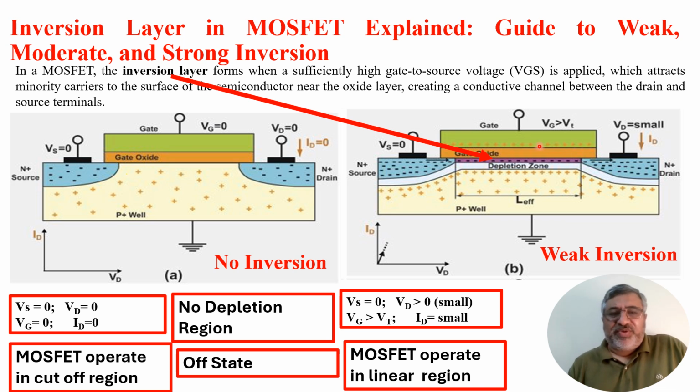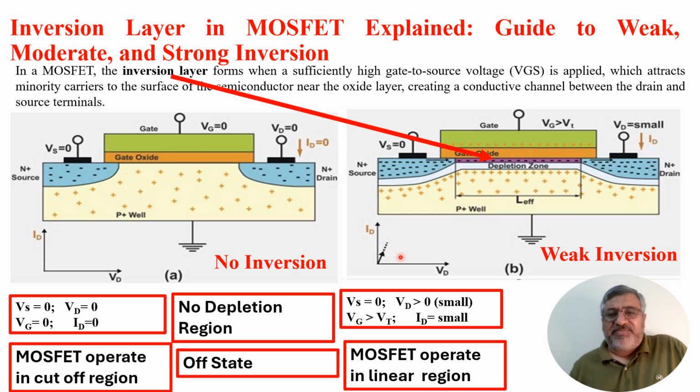The current through the drain is small because our VD is very small, indicating that the MOSFET is not fully in the saturation or high conducting state. In this state, the MOSFET operates in the linear or triode region, with a small resulting drain current.